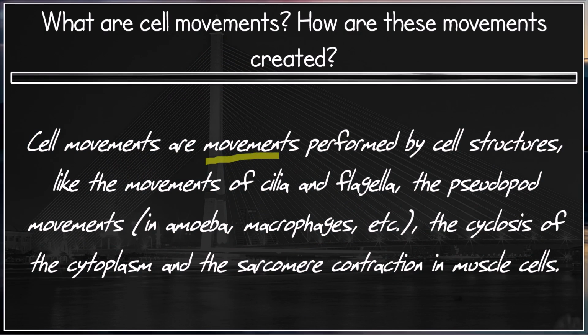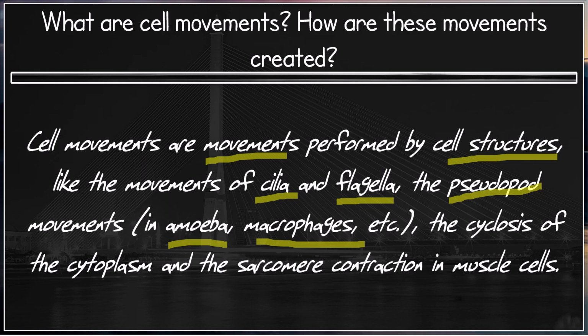Cell movements are movements performed by the cell structures, like the movement of the cilia and the flagella, the pseudopody movement in amoeba, macrophages, and many others, the cyclosis of the cytoplasm, and the sarcomere contraction in the muscle cells.